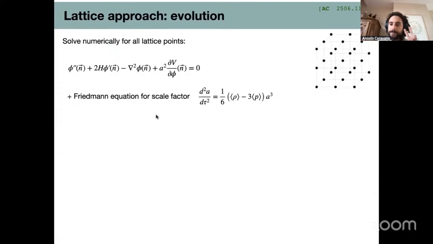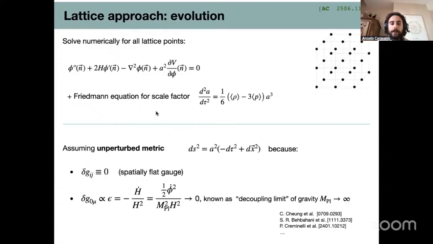Now, this is where the second approximation comes into play. Here we're assuming an unperturbed metric. So we work on a Friedmann-Lemaitre-Robertson-Walker metric, which is dynamical and evolves depending on what's inside the universe, but we don't model the evolution of the metric perturbations.